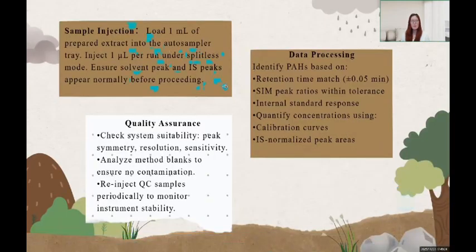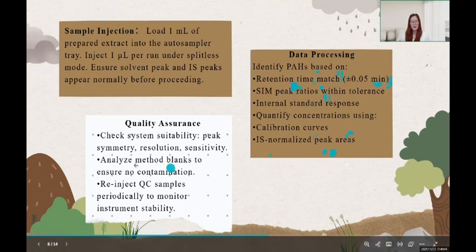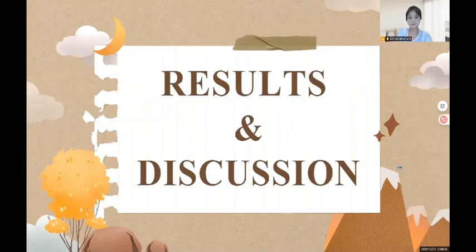For sample injection, load 1 milliliter of extract into the autosampler tray and inject 1 microliter per run in splitless mode, and check the solvent and ion peaks. For data processing, we identify compounds based on this, and this is the quality assurance.